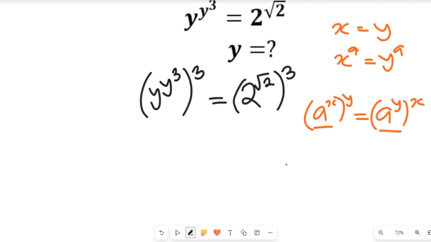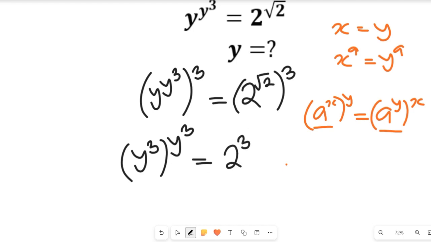All we need to do is exchange the powers. So if we apply that here, we get y to the power of 3 multiplied by y to the power of 3, and this will be equal to 2 to the power of 3 multiplied by square root of 2.